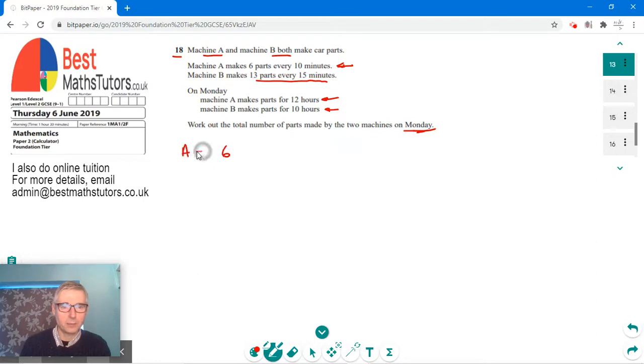So if we look at machine A first of all, A will make 6 parts in 10 minutes. Because we're looking for 12 hours, we need to scale that up to hours. And because there's 60 minutes in an hour, we need to times that 10 by 6 to get to 1 hour.